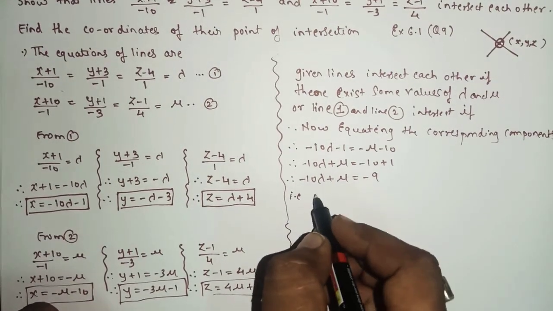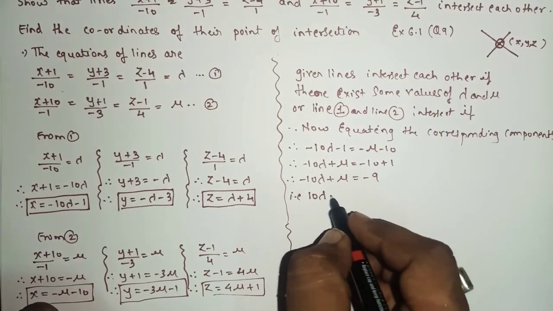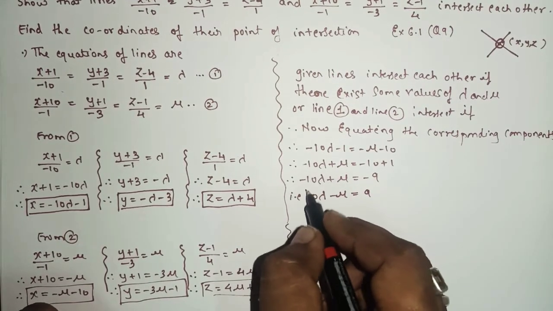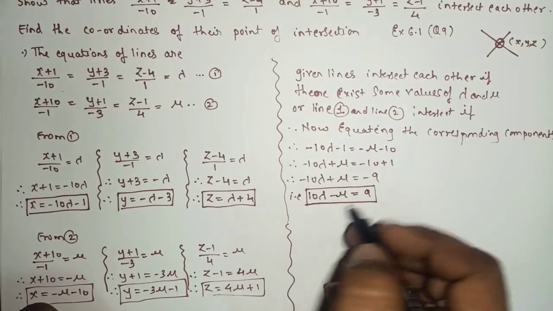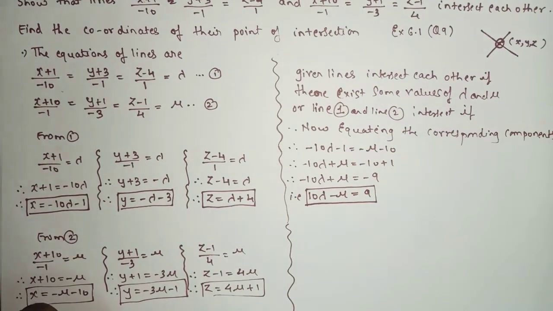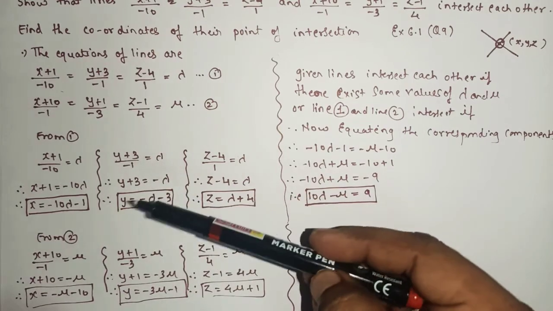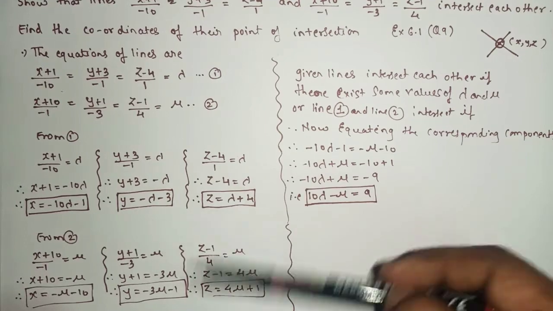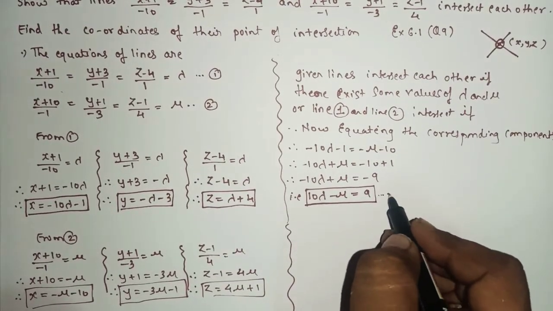Here I will rewrite this equation as 10 lambda minus mu equals 9. Just to make the sum easy, I am making the sign of lambda positive for each and every part. When you solve for the x, y and z coordinates, keep lambda positive only. Now we'll call this equation number 3.